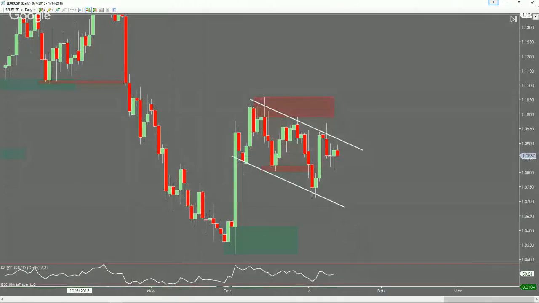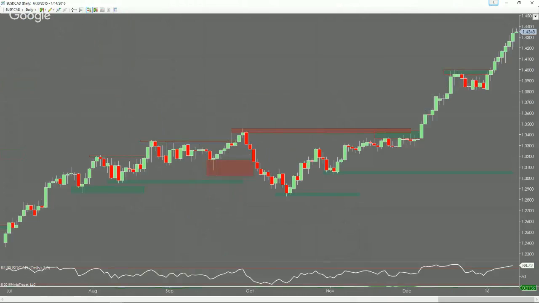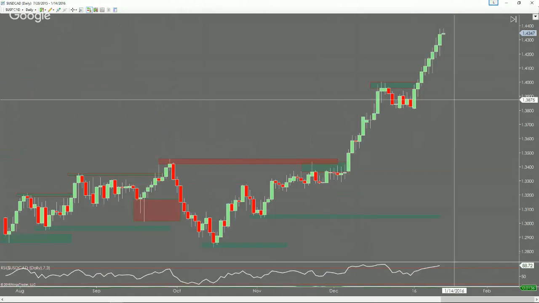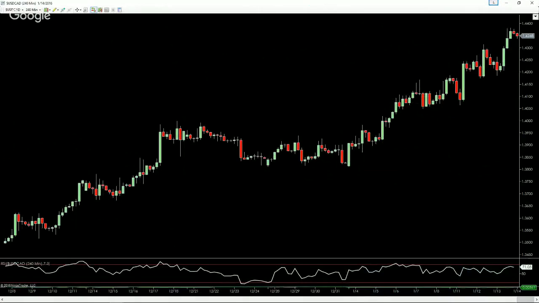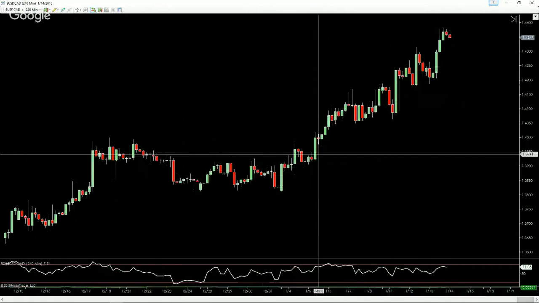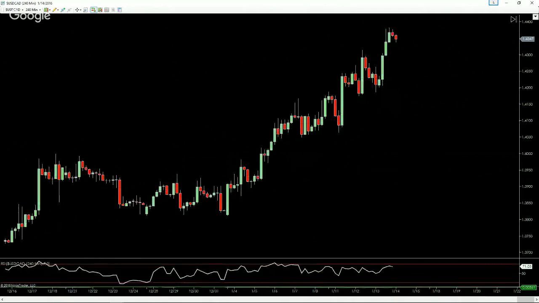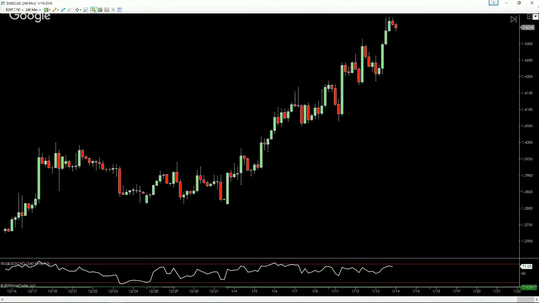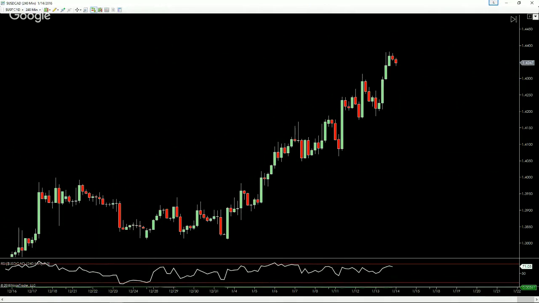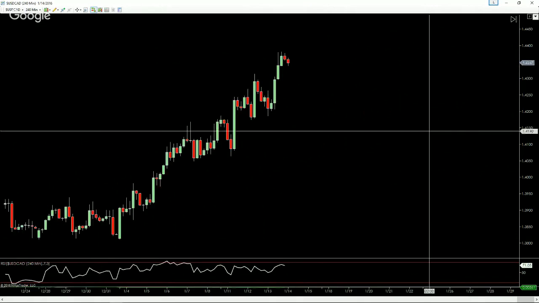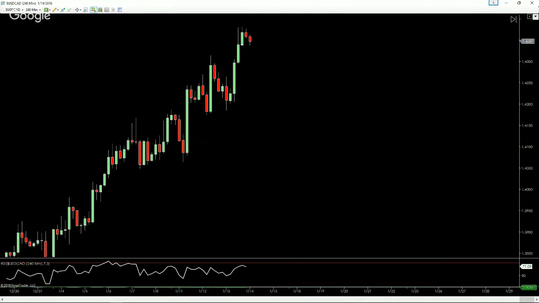Now let's go ahead and go to dollar CAD. Dollar CAD is still bullish. Now, a lot of people do tell you that the trend is your friend, but that doesn't mean that if you see a bullish trend like how we see in the dollar CAD, that you're just going to place a limit order to buy now.